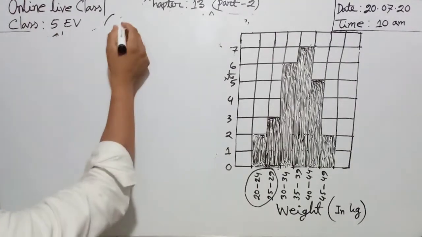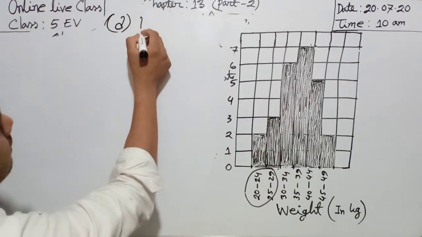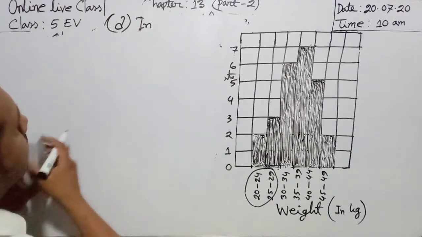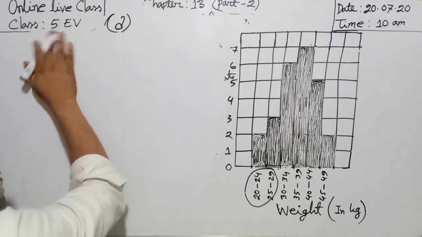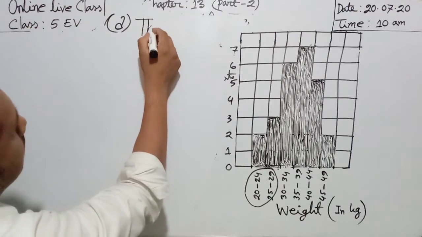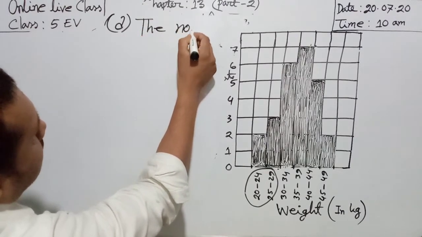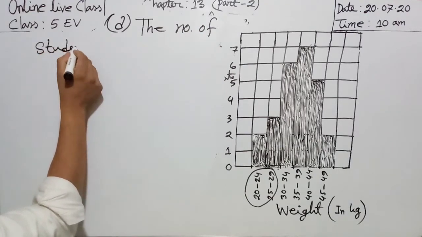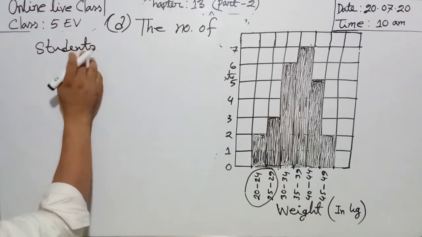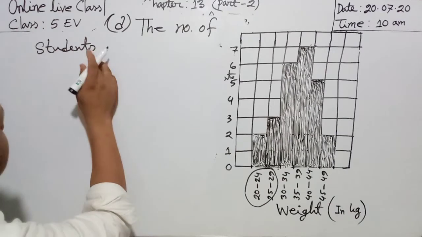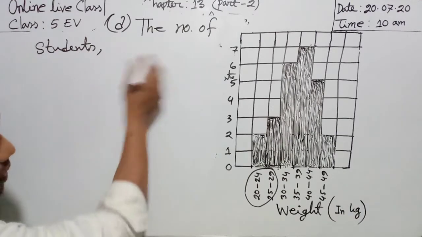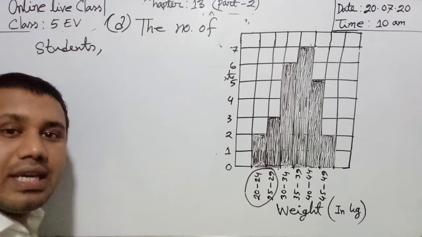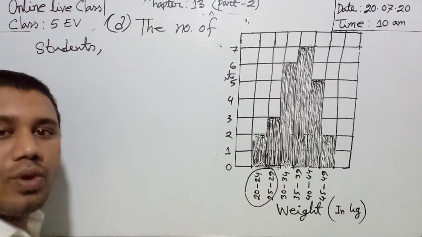Now dear students, at first we have to write the number of students. At first we have to find the number of students whose weight is less than 29 or equal 29.